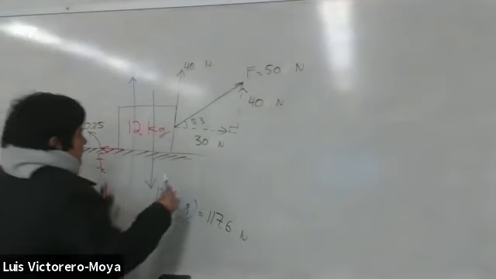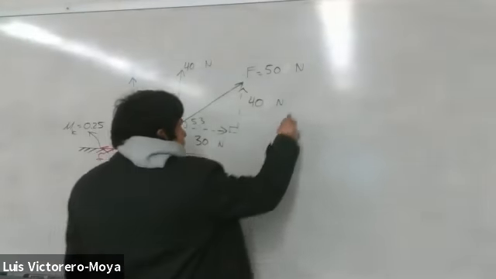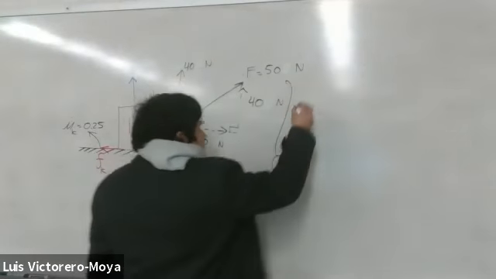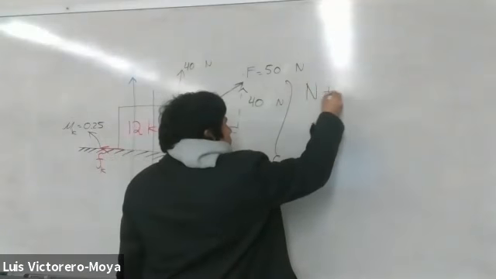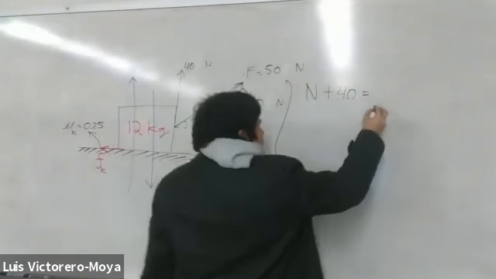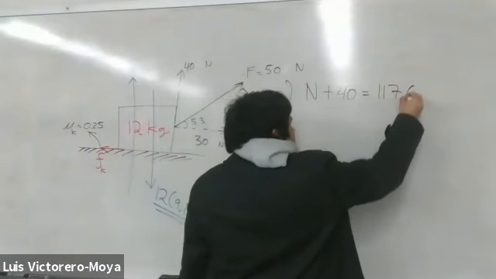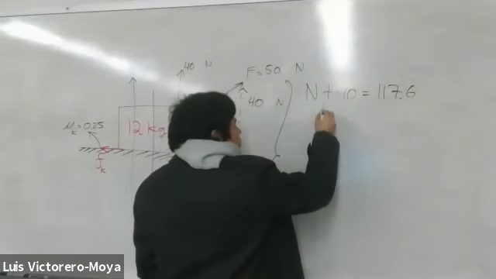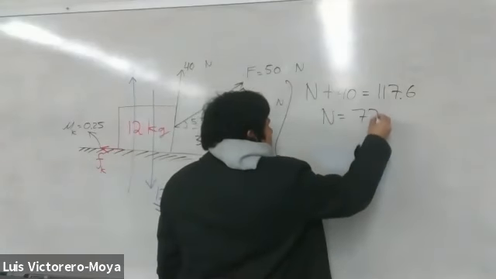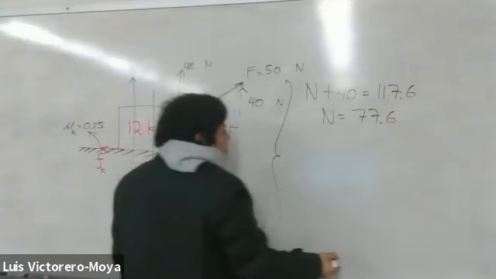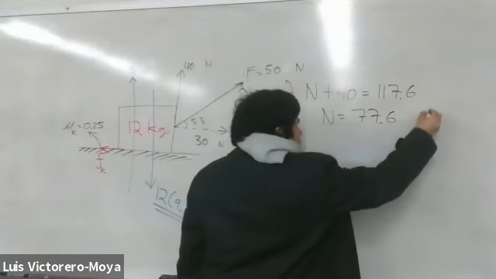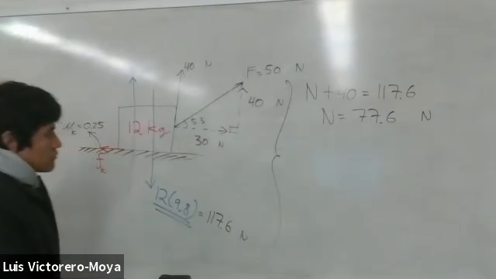But there are two forces going on. Normal plus 40 is equal to 117.6. So your normal is actually 77.6 newtons.